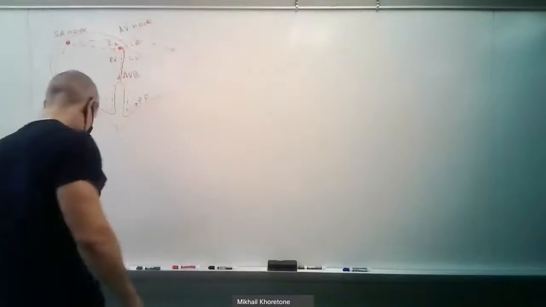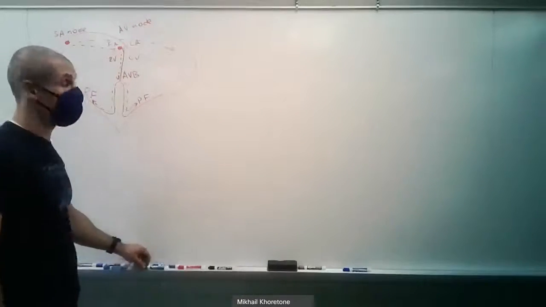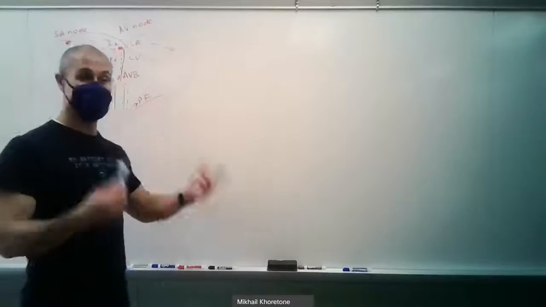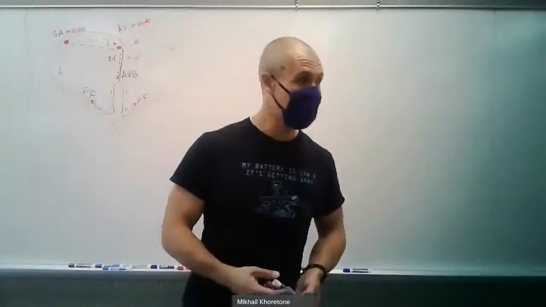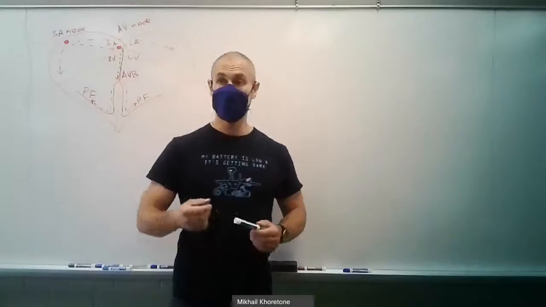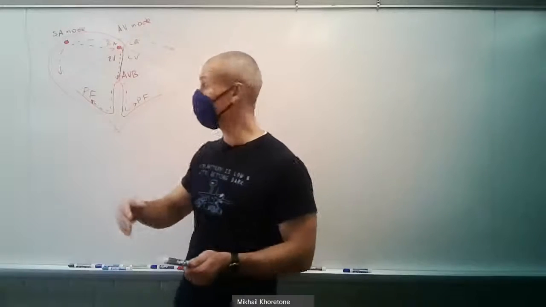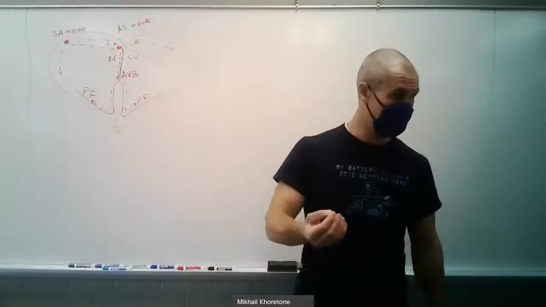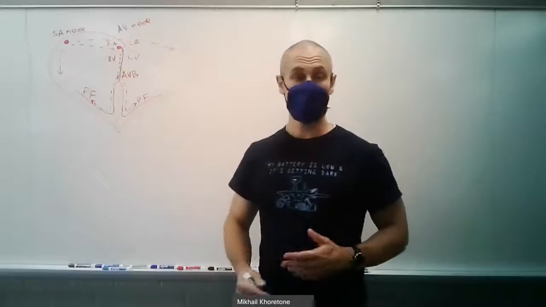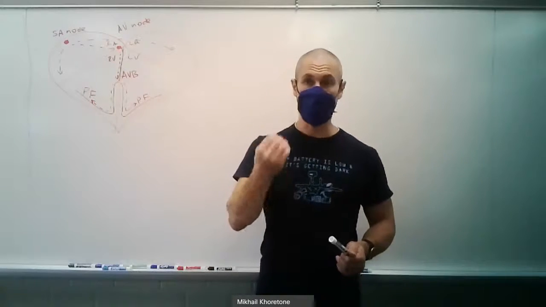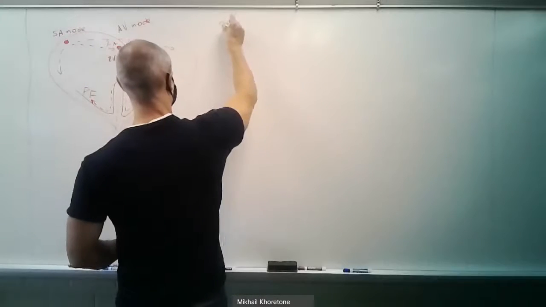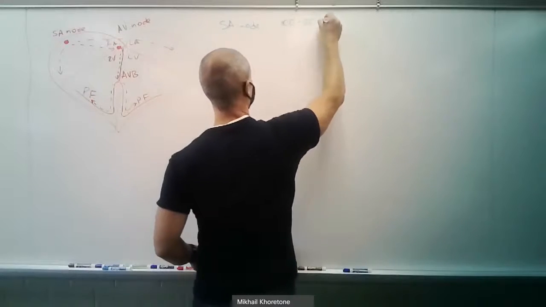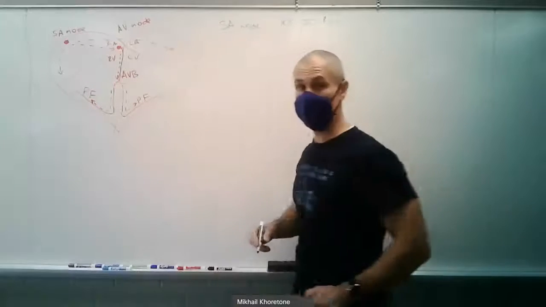So now, let's take a look at some other really interesting features of these nodes. First of all, since each node consists of pacemaker cells, each node sends signals with a certain frequency. In a healthy individual, the SA node is the pacemaker. It sets the rhythm, okay? Now, if you take what's called an intrinsic rhythm for the SA node, it is 100 to 120 beats per minute, okay?